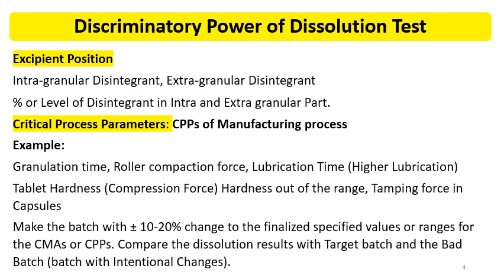Then for powder filled capsules, stamping force can be varied, and then dissolution can be performed. Make the batch with a 10 to 20% change to the finalized specified values or ranges for the CMAs and CPPs. Then compare the dissolution results with the target batch and the bad batch.